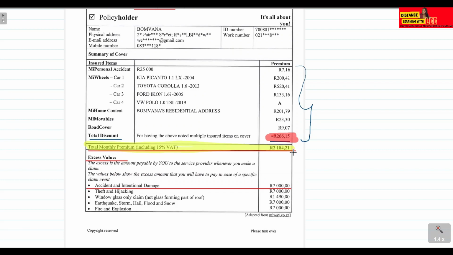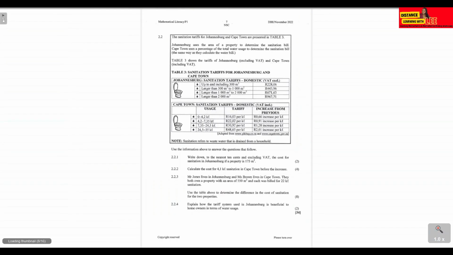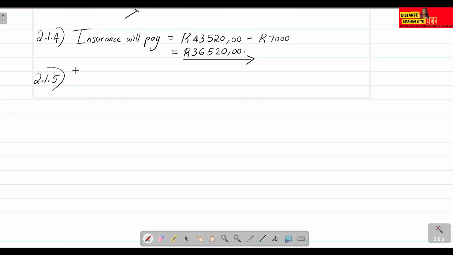Here, guys, you need to always remember, if they want the amount of VAT included or the amount of VAT excluded, you need to think of this calculation in this way. We are told that the VAT amount is 15%.